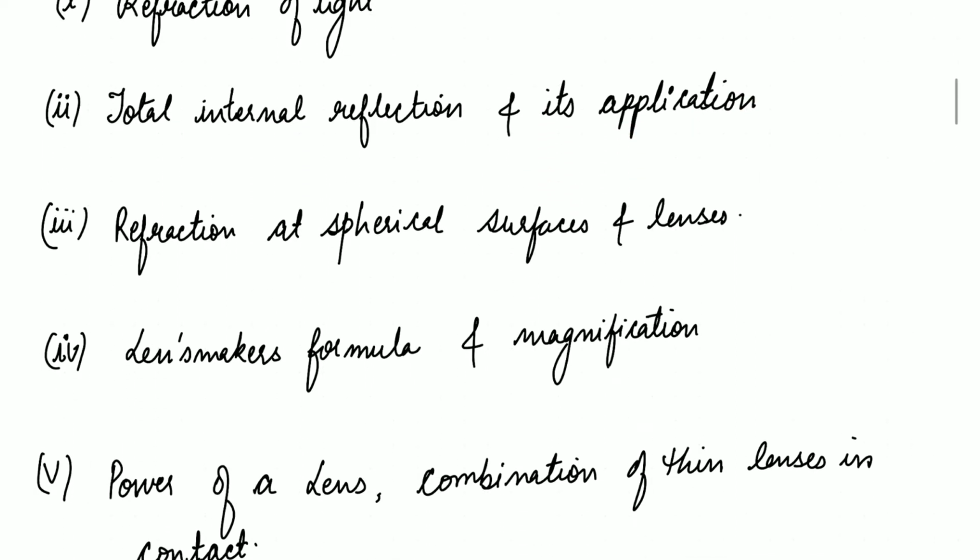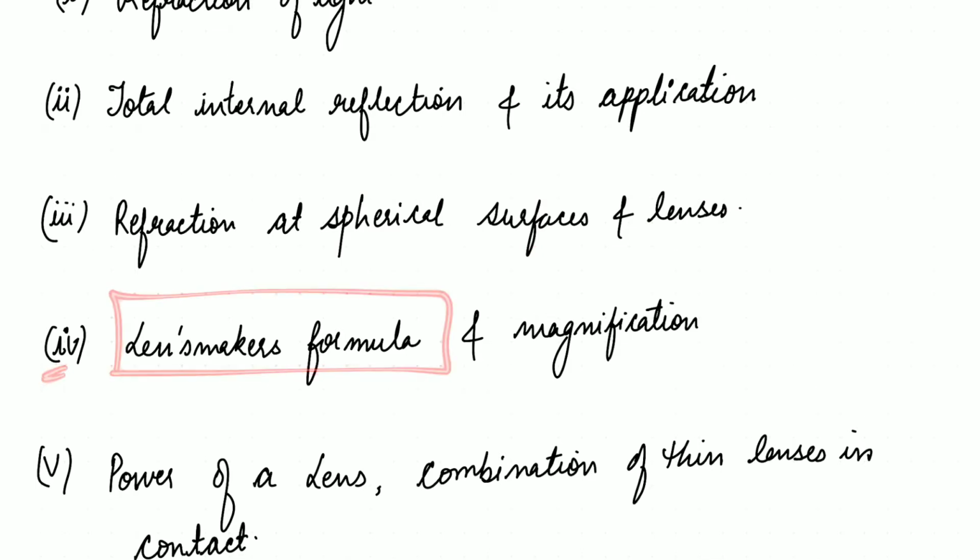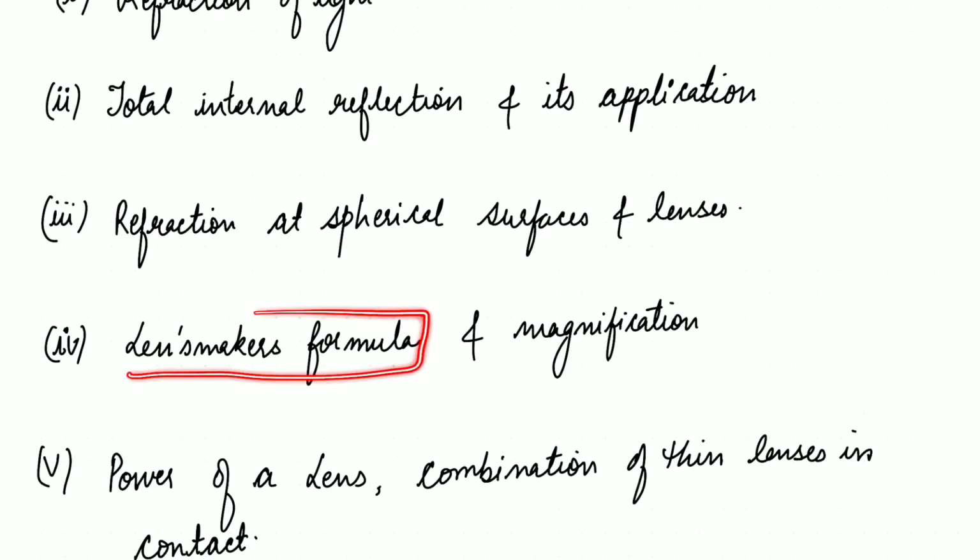Then the next topic is refraction at spherical surfaces and lenses, how refraction happens on spherical surfaces and also lenses. Then the next topic is the lens maker formula, very important as far as boards are concerned. We will talk about the lens maker formula, and we will derive the lens formula with its help.